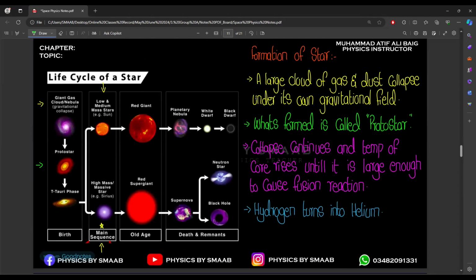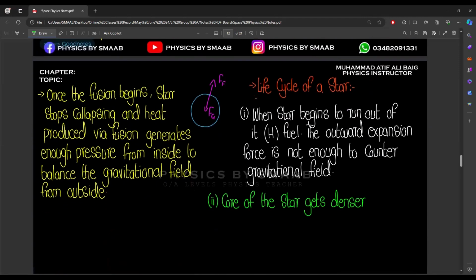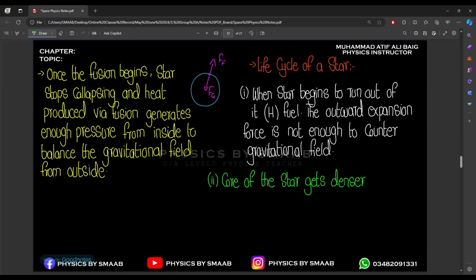So when they collapse, definitely the core becomes highly dense, highly populated. That's why it becomes denser as compared to the first stage.